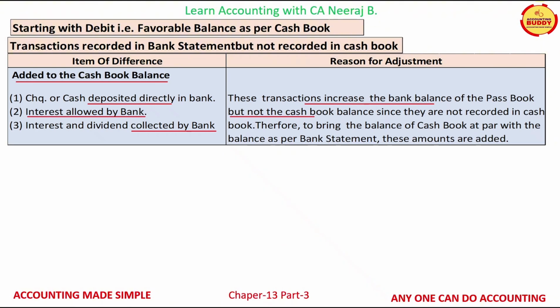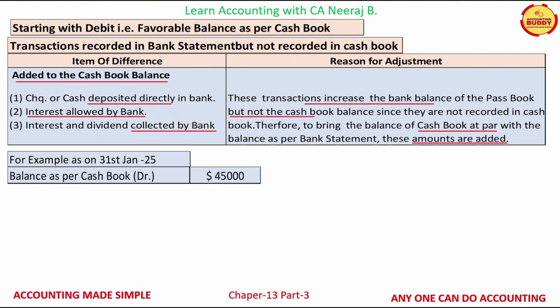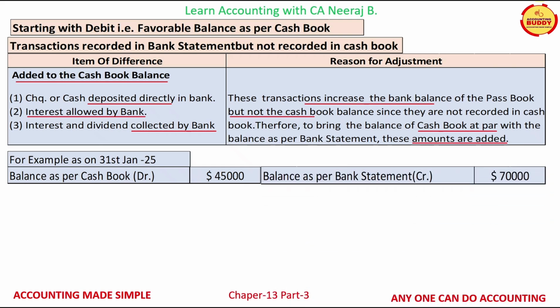Therefore, to bring the balance of the cash book at par with the balance of the bank statement, these amounts are added. For example, as on 31st January 25, the debit balance as per cash book is $45,000 and the credit balance as per bank statement is $70,000.